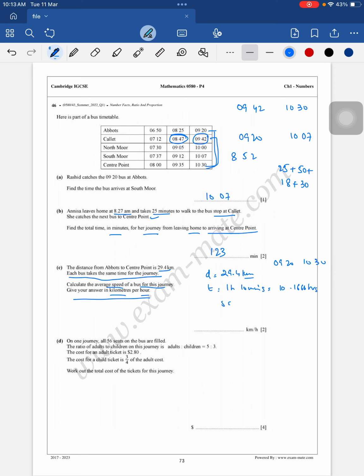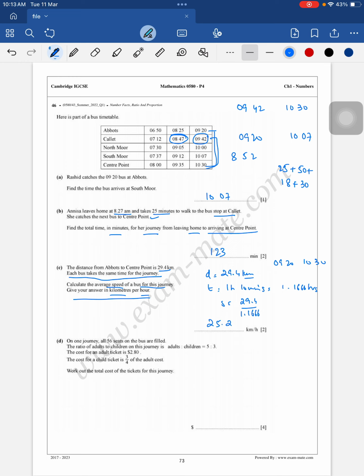Now speed is equal to 29.4 divided by 1.1666, which is 25.2. That is the answer for the speed.